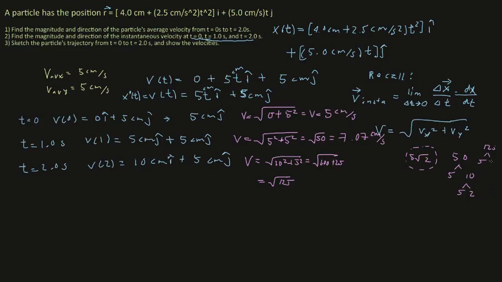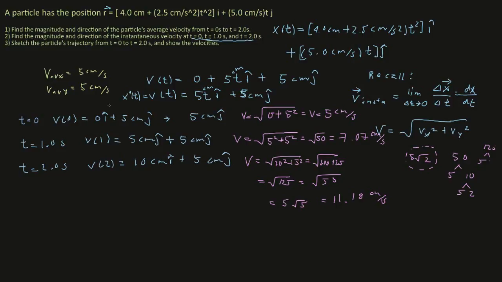Well, we have another way, it'll be 5 times the square root of 5, and what exactly in decimal is that? It's actually 11.18 centimeters. Okay. Alright, so there we have it.